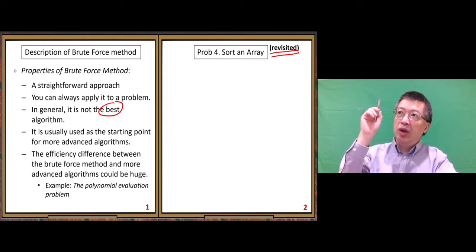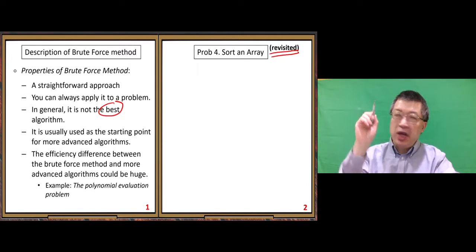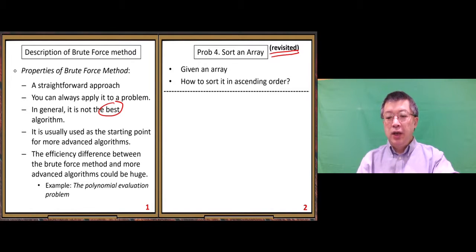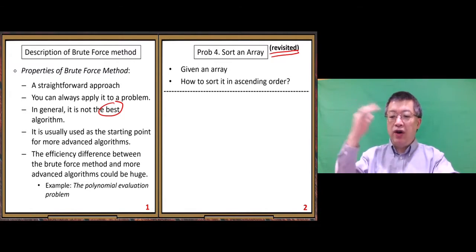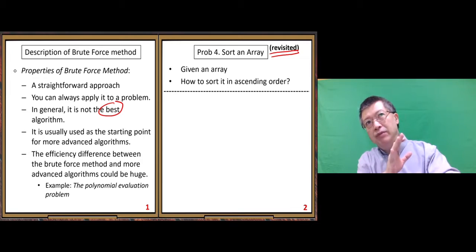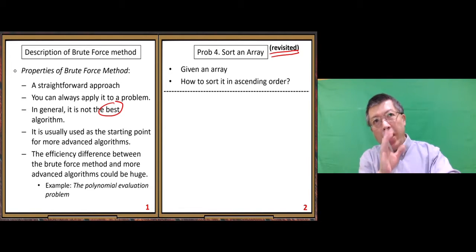Now we want to solve it a second time. Given an array, how to sort it in ascending order. For the old problem, we try to use a new way to solve it.